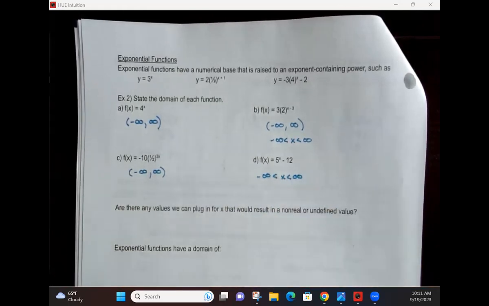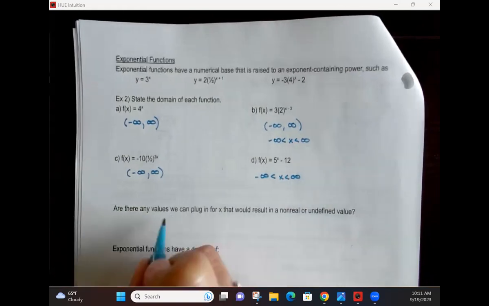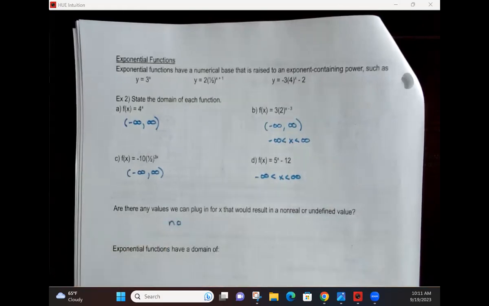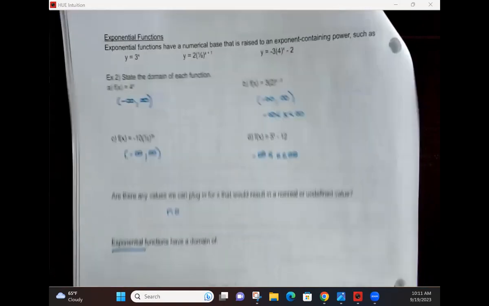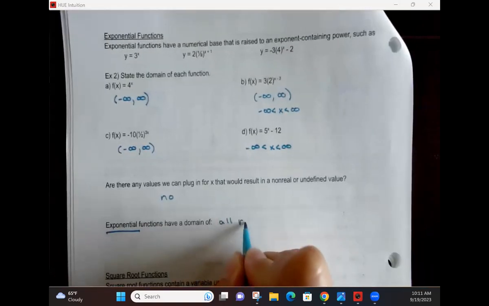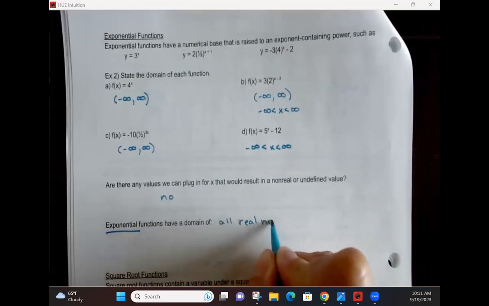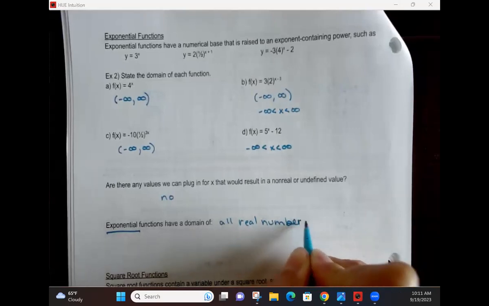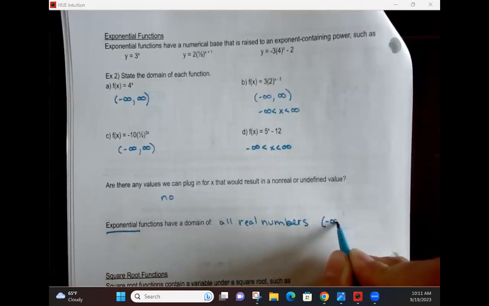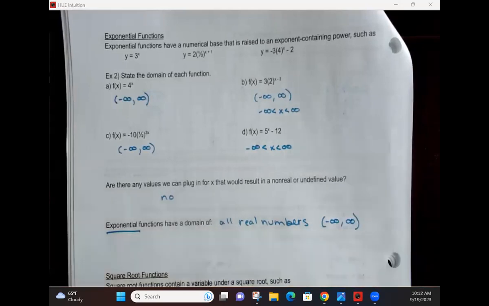So are there any values that we can plug in to an exponential function that would result in something non-real or undefined? No. So exponential functions have a domain of, again, all real numbers, so anything from negative infinity to positive infinity.